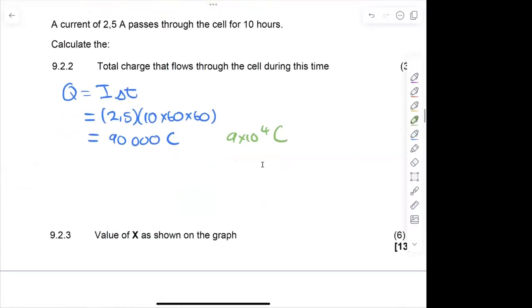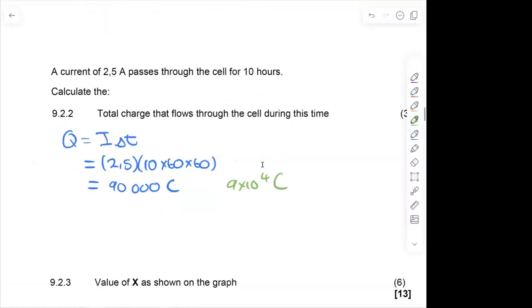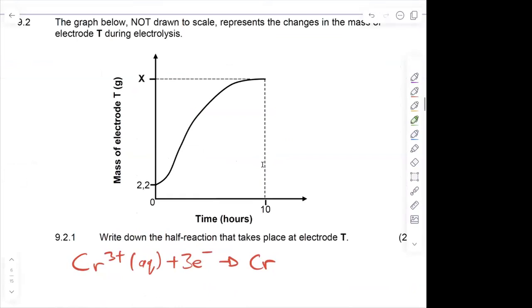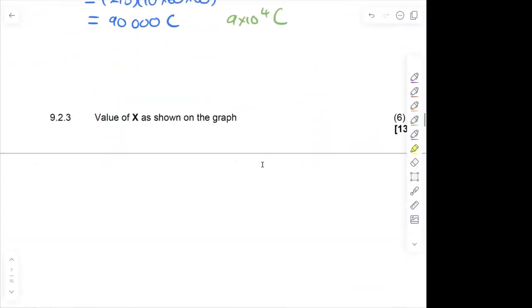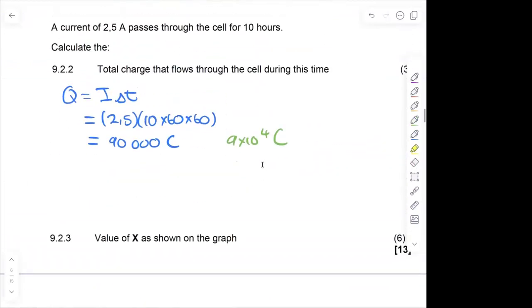Then it says the value of X as shown in the graph. We need to calculate the value of X. Let's quickly go back and see what they're talking about. On the graph, the value of X is the mass of electrode T after those 10 hours. How do we find the mass of T? We now know how much charge has flowed through the cell in this time.